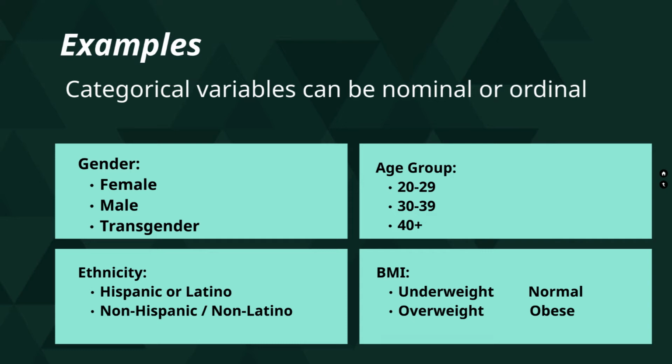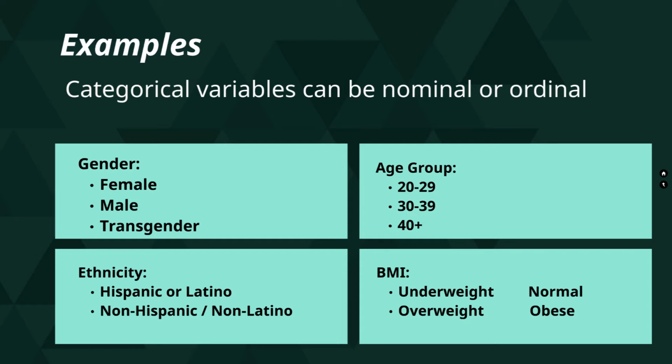Age group, where you check a box, so those between 20 and 29 years of age, you would check that box. You're not giving your actual age value. You're simply checking the group of which you are a member. BMI or body mass index group. So the categories underweight, normal, overweight, or obese, not the actual metric of BMI and not the weight value.